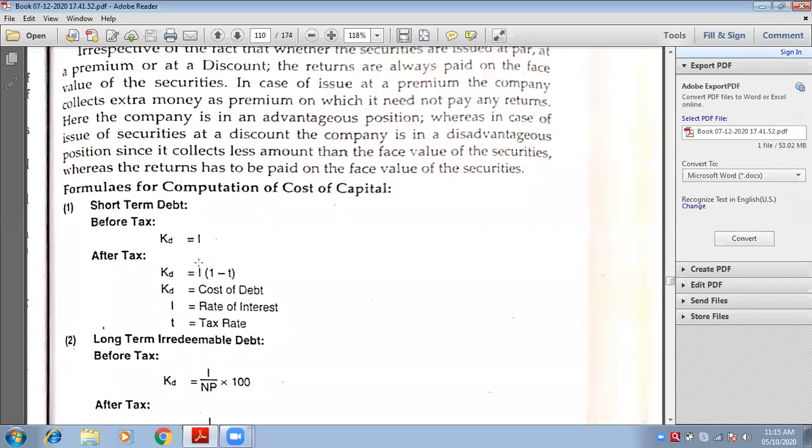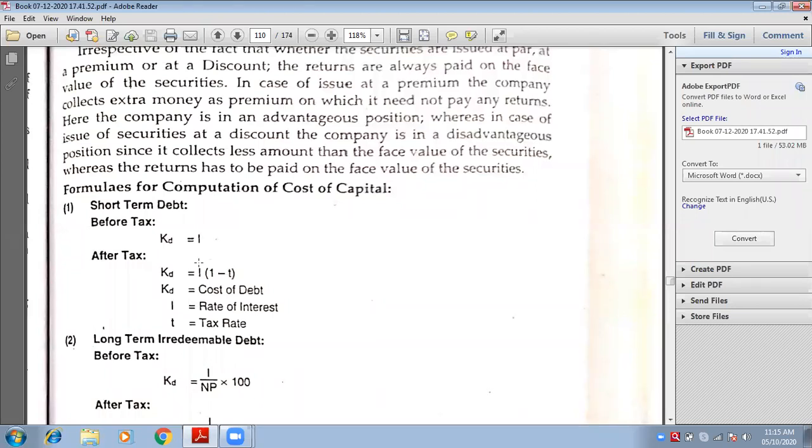That means first tax is deducted and paid to the government from the profits, and later the leftover profit is distributed amongst the preference shares in the name of dividend, and another portion of the leftover profit is distributed in the name of dividend to equity shareholders.